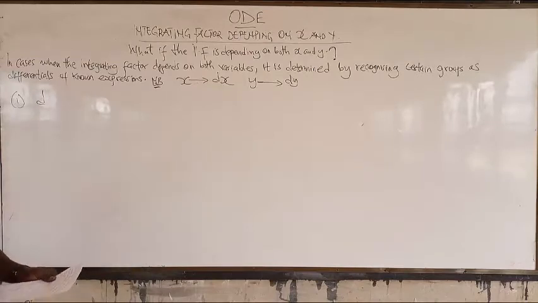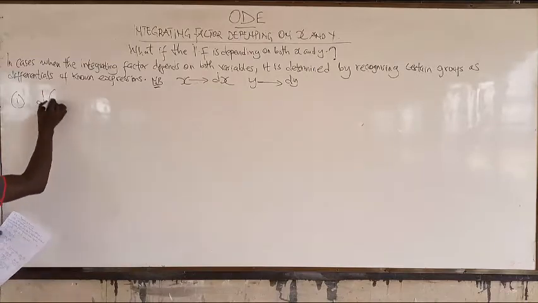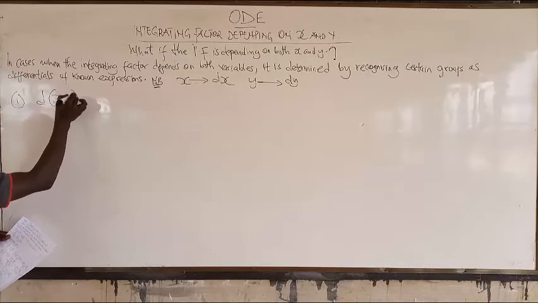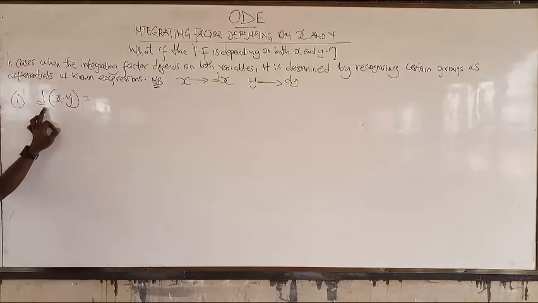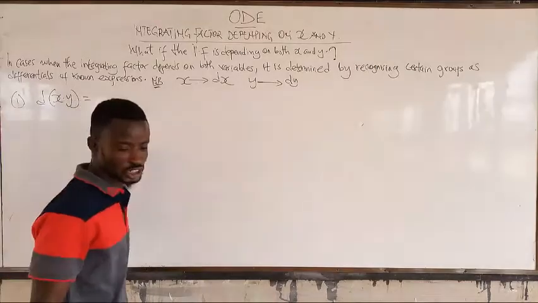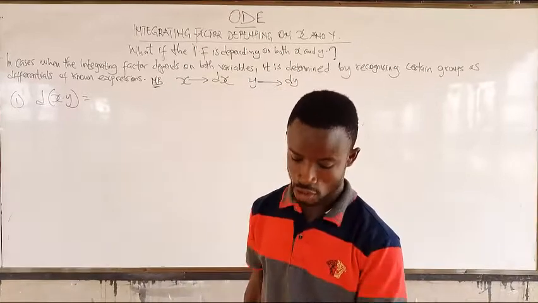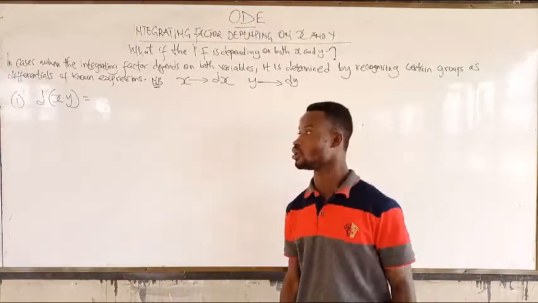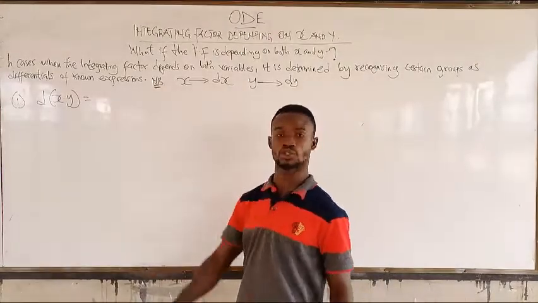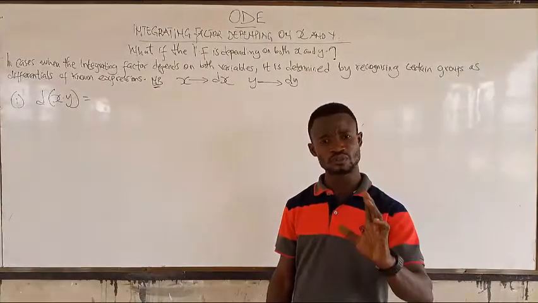Let's start with this first. Now here you have to differentiate x and y. But know that this is two functions being multiplied, so that is going to be a product rule. If this is a product rule and you have to differentiate, what will you do?